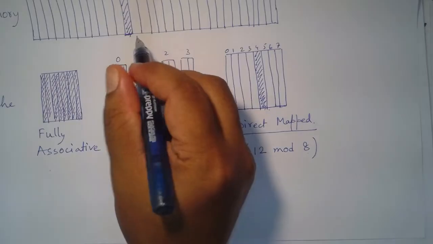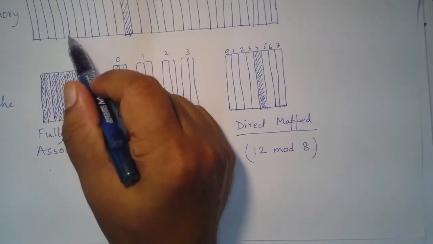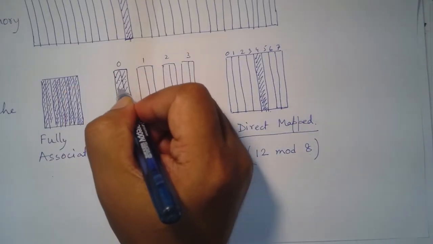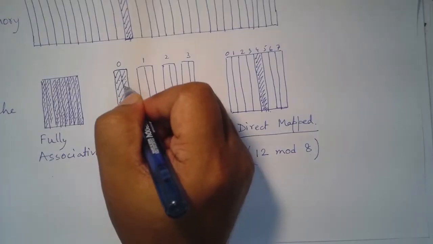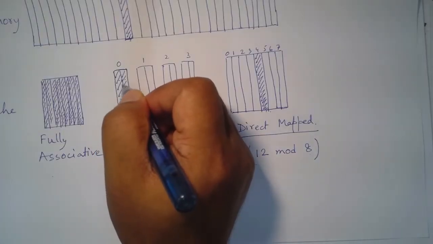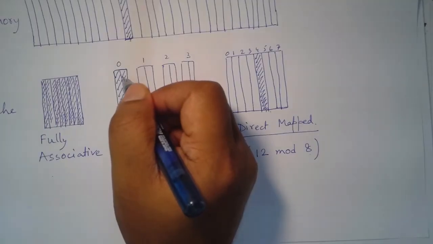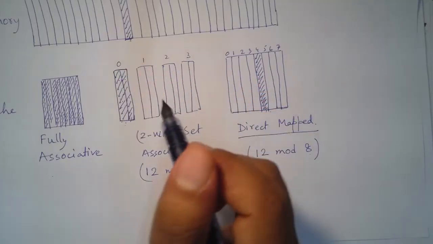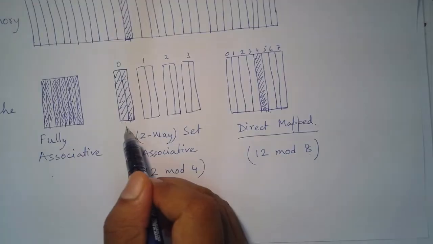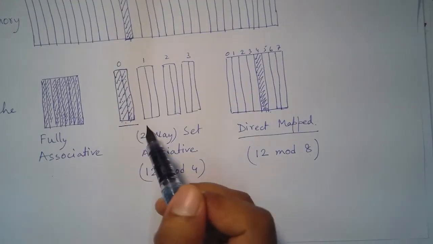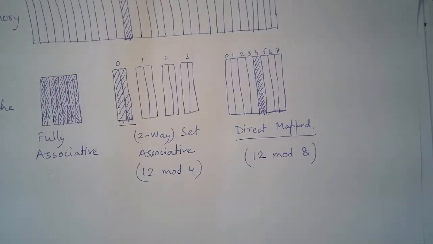Now if I need to access block number 4, I do not really evict block number 12, because I have another location where block number 4's content can go in, right? So this way you have the flexibility, and you can achieve better performance using these set associative caches, and these are also very highly used caches.